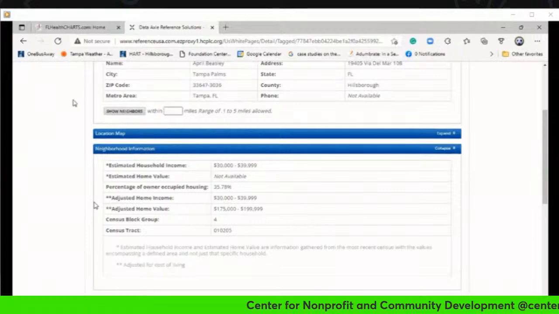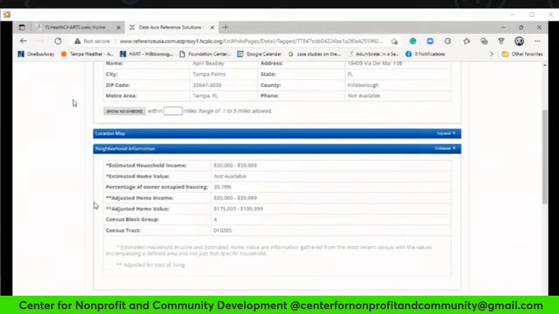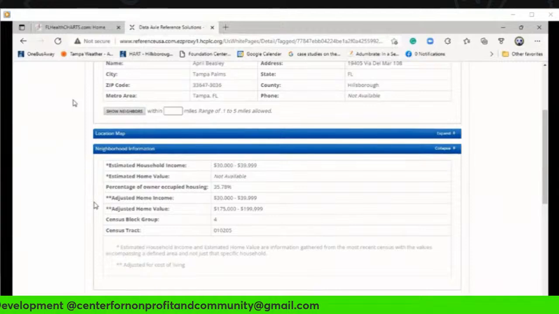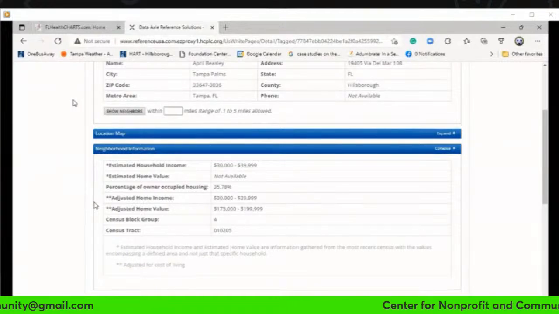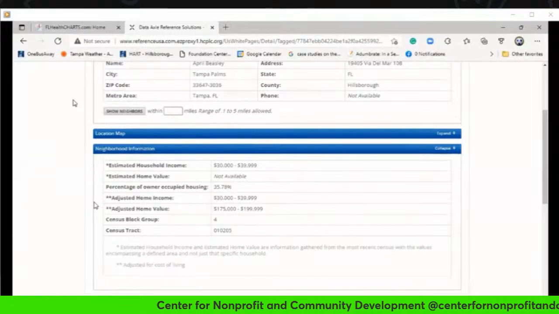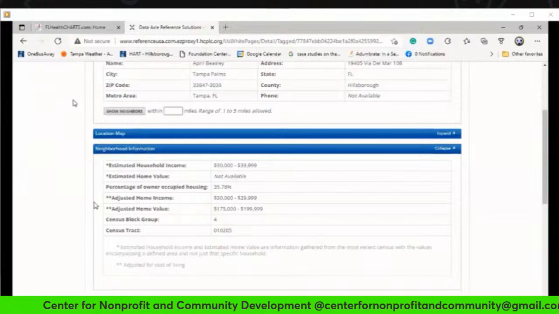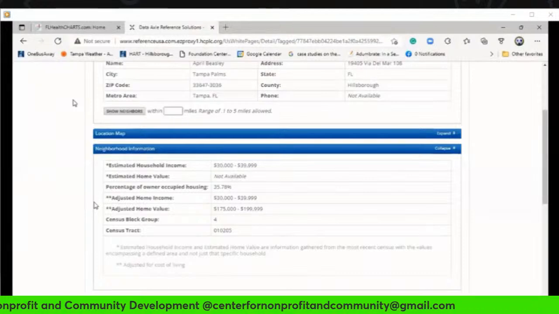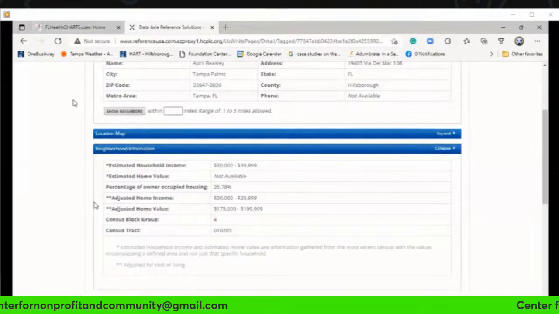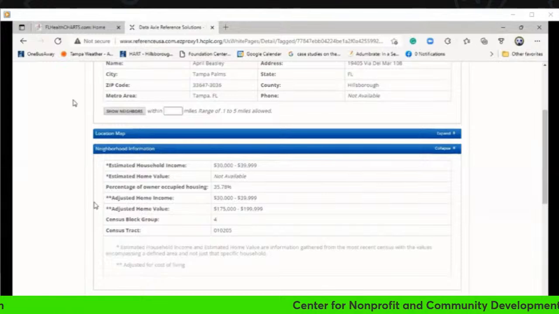This brings us to the conclusion of this presentation on understanding data and how to collect demographic data. One of the takeaways that I hope you get from this presentation is that data is important, and being able to show different data sets and different references that you can use to tell a story about the problem in your neighborhoods.